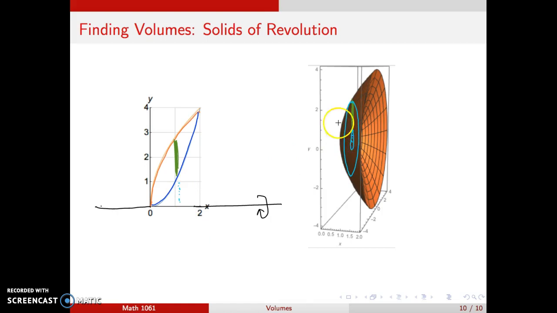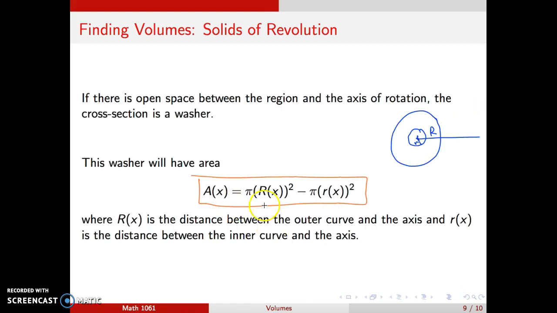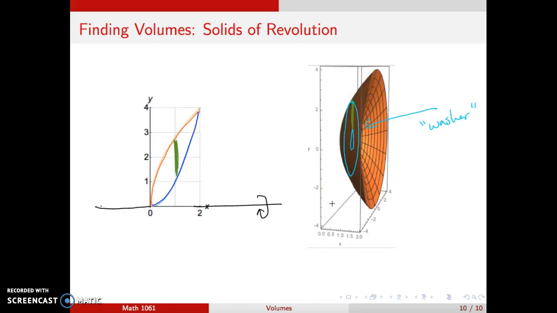So that cross section, probably muddying it up further now, but that cross section is a washer. And it would have area given by this formula. So the area of the whole thing minus the area of the center gives the area of the washer.